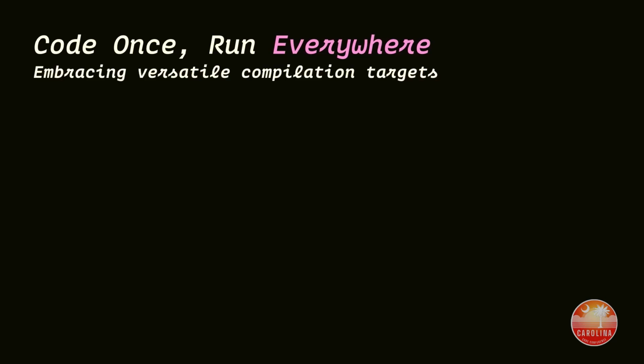Code once, run everywhere. I want my ideal language to embrace versatile compilation targets and runtime environments. I don't want to have to be switching from TypeScript to Go or to Rust. I just want to work in one language and be an expert in that language, and I want it to be flexible.